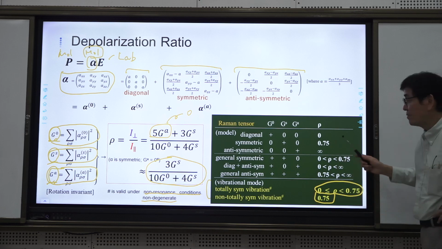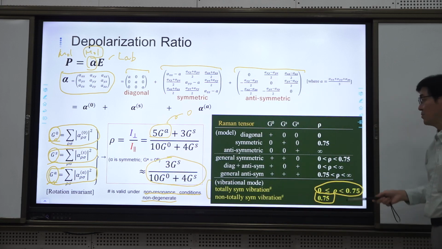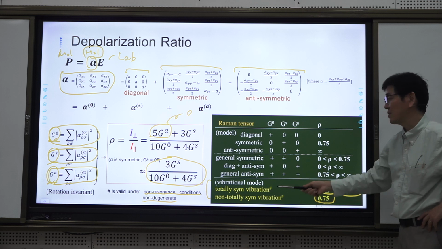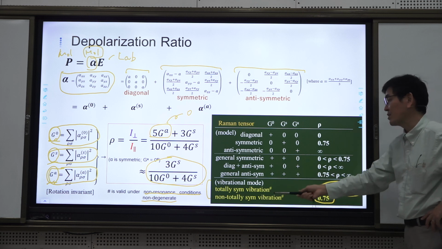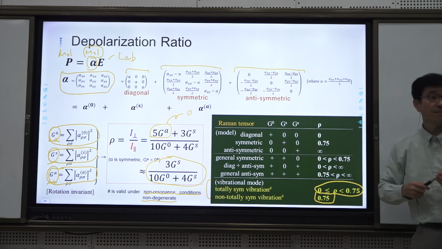So measurement of this number is useful to ensure the peak assignment. If this is a totally symmetric vibration or a non-totally symmetric vibration, the result is different. So we can ensure if the assignment is good or not. In that sense, this is an important experiment.